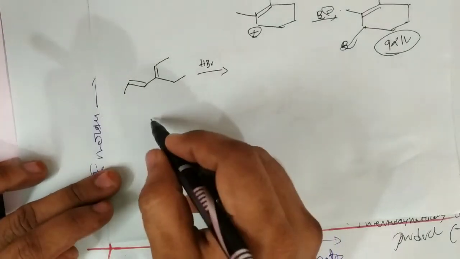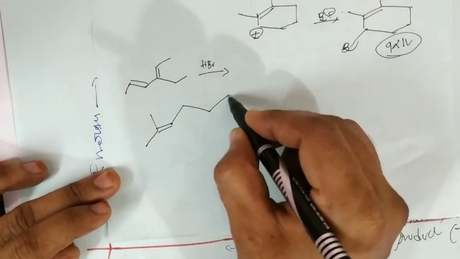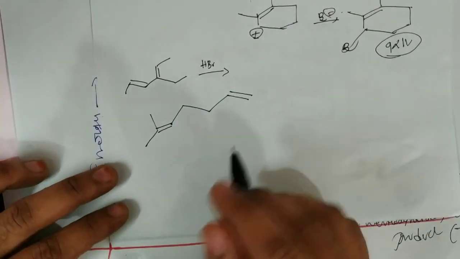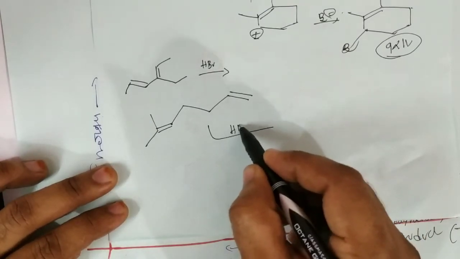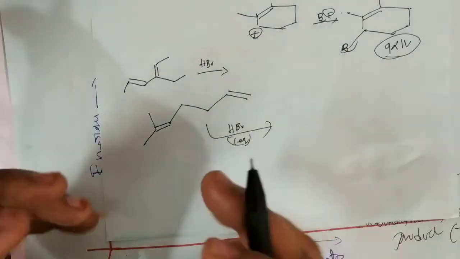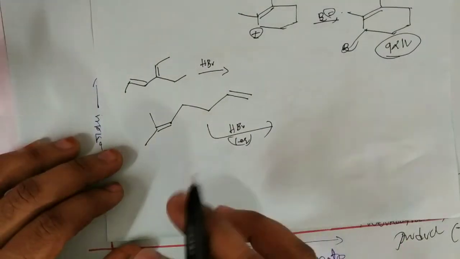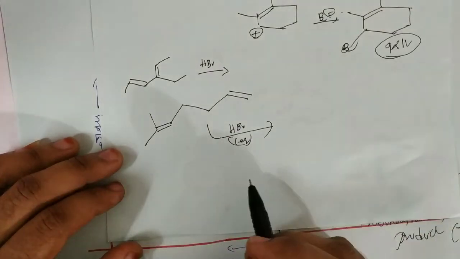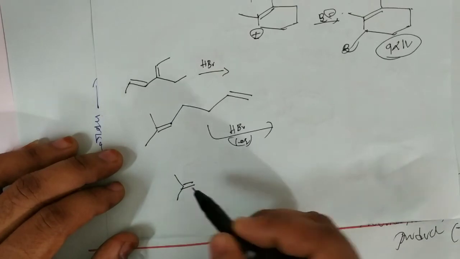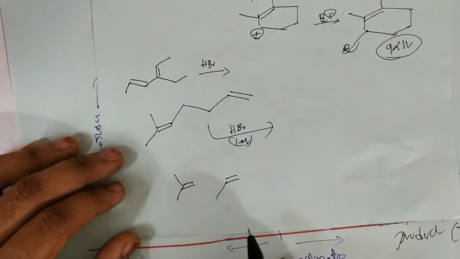Let us discuss one more example. This is a diene molecule. Now the diene reacts with one equivalent of HBr. On which alkene does this addition take place? It is a diene but not conjugated; it is an isolated diene. Generally we know that for, suppose, this isobutene and this propene, which is more reactive in electrophilic addition reactions?